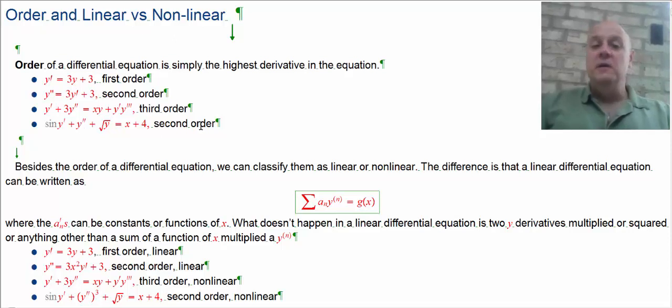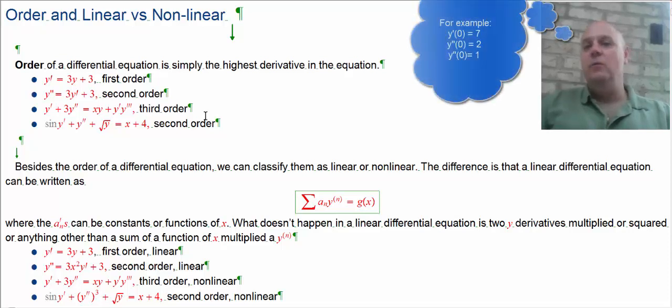Now solving a third order differential equation is akin to integrating that equation 3 times, so you expect to get 3 constants of integration. How do we get those constants? Initial conditions. We can be given 3 initial conditions, like y(0) equals a number, y prime(0) equals a number, and y double prime(0) equals a number.